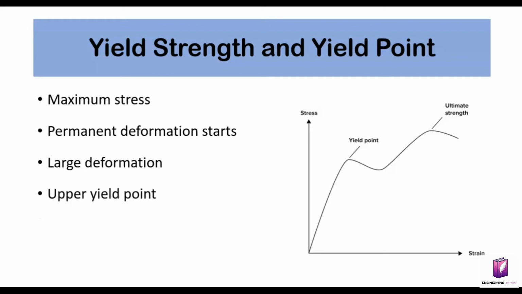The yield point is of two types. First is upper yield point and second is lower yield point. In case of upper yield point, stress requirement is maximum for starting of plastic deformation, and in case of lower yield point, lower stress is required to maintain plastic deformation.